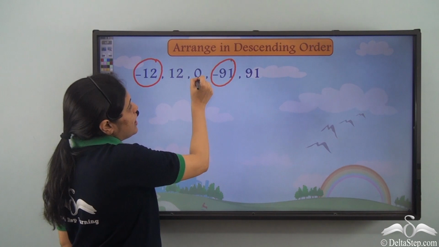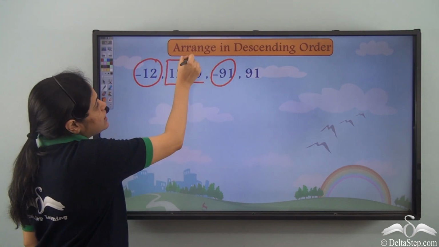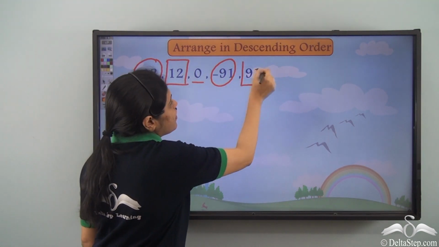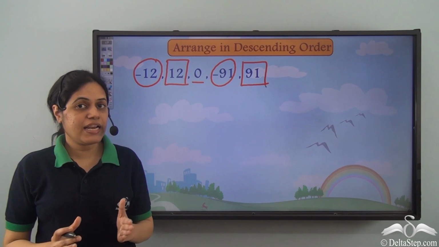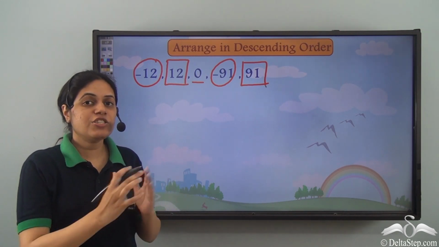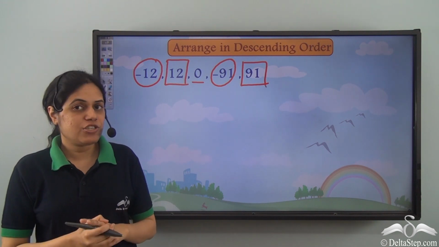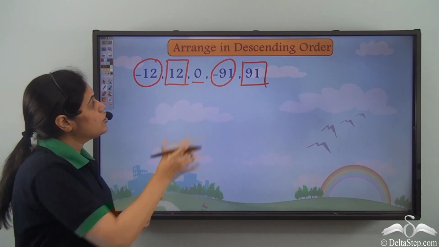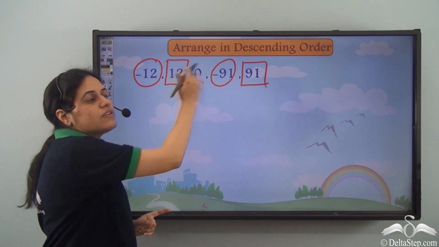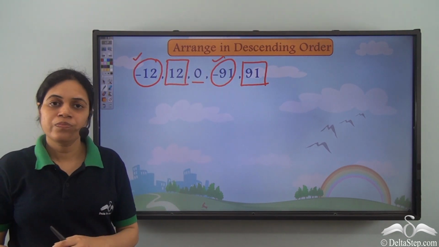I have a 0 and 2 positive integers, 12 and 91. Now I know descending order means largest to smallest. So any positive integer is greater than any negative integer. So these 2 positive integers will be greater than these 2.